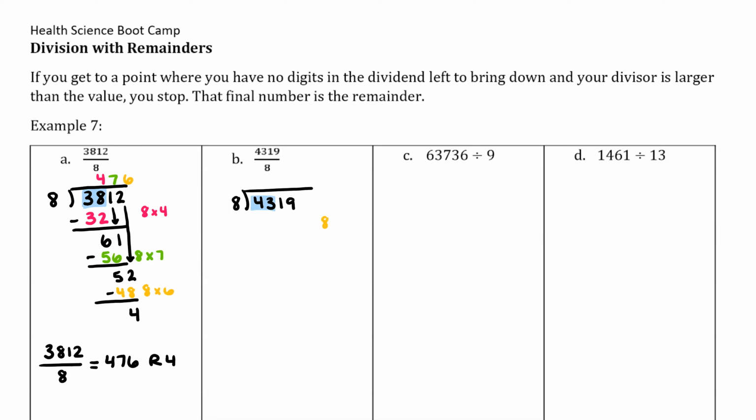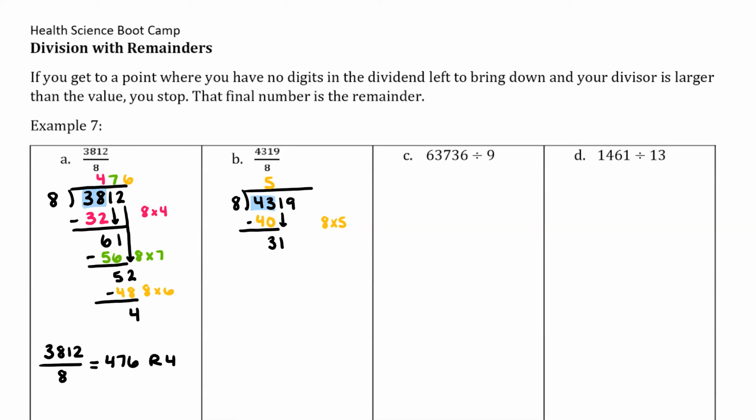So 8 times 5 makes 40. That's as close as I can get. So 5 is going to go upstairs as part of my answer, and 40 is going to come underneath for subtraction. 43 take away 40 is 3, and I'm going to bring the 1 down.